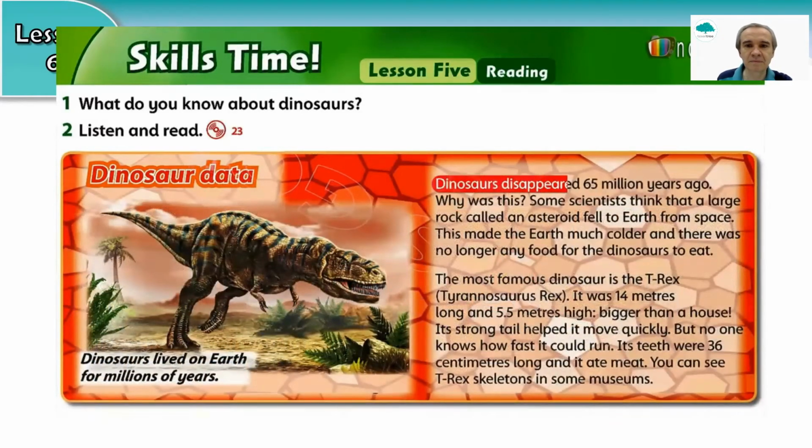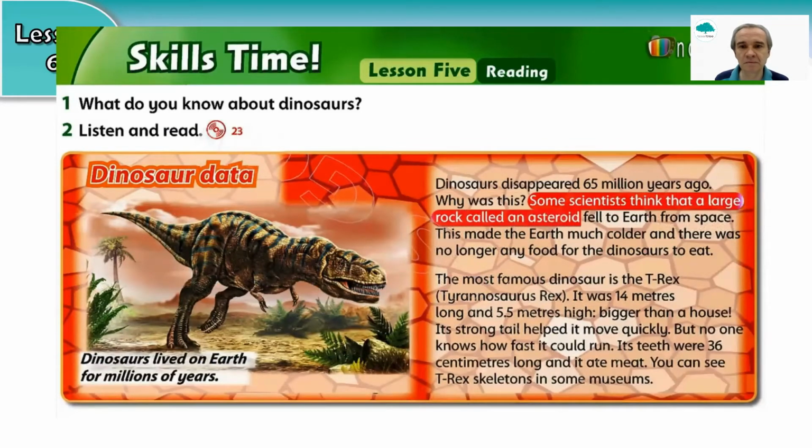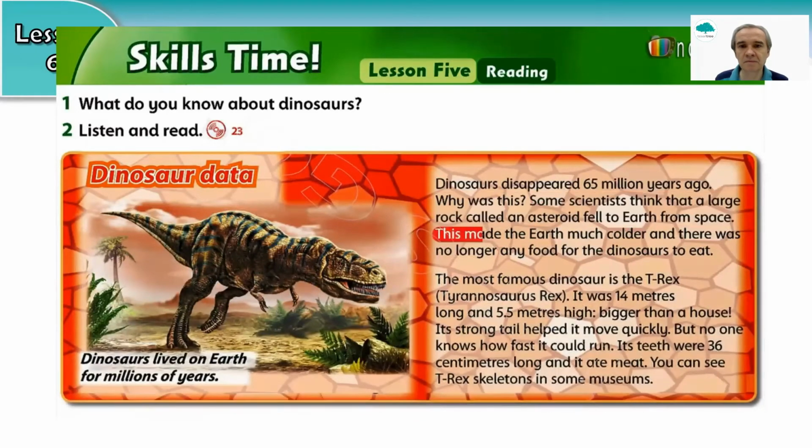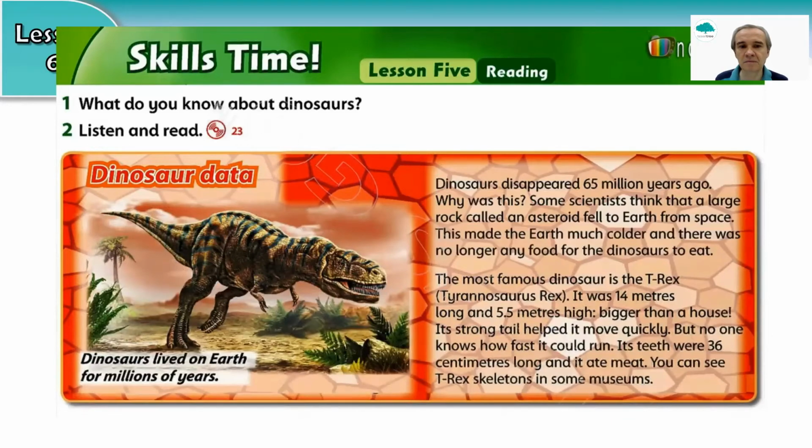Dinosaurs disappeared 65 million years ago. Why was this? Some scientists think that a large rock, called an asteroid, fell to Earth from space. This made the Earth much colder, and there was no longer any food for the dinosaurs to eat. The most famous dinosaur is the T-Rex, Tyrannosaurus rex.